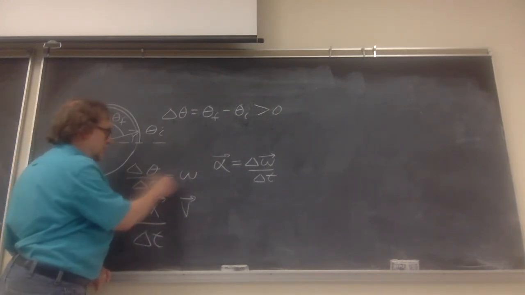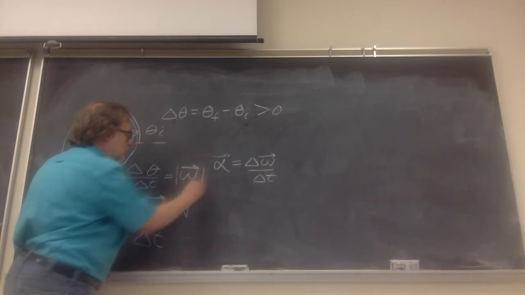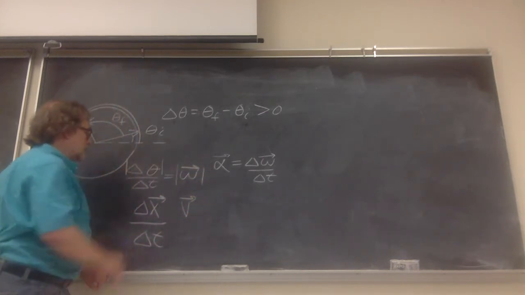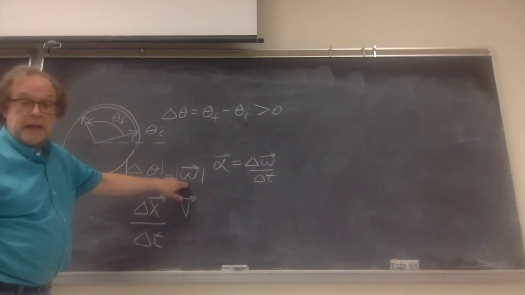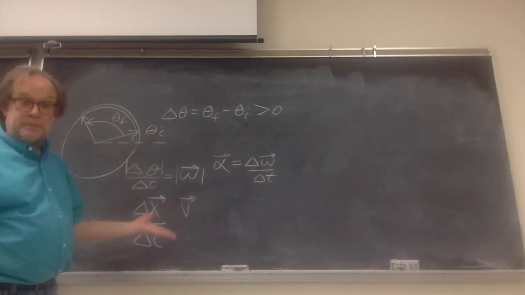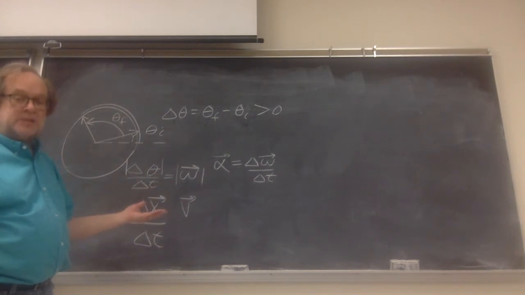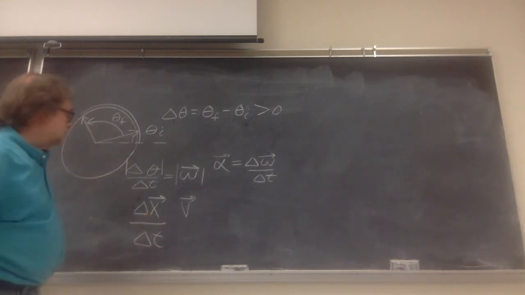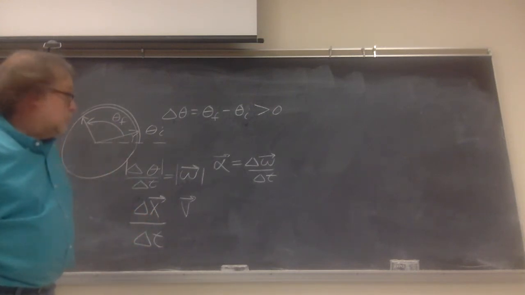So this number here, what we're really talking about here are magnitudes of the angular velocity, or in other words, angular speed, just how fast it's rotating without regard to whether it's rotating counterclockwise or clockwise.